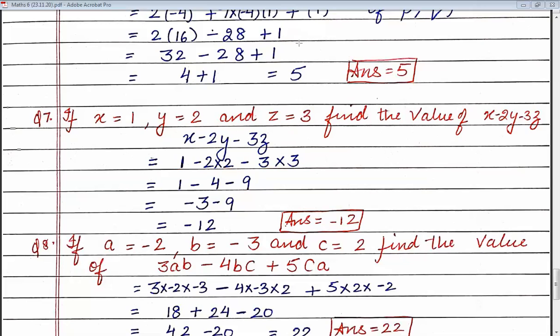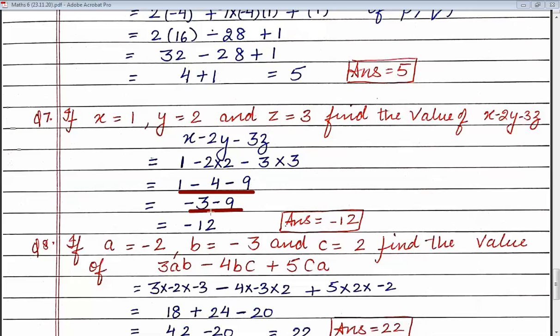Okay, so what is your expression now? 1 minus 2 multiply 2 minus 3 multiply 3. So now by using the BODMAS rule, that is multiplication first, 2 twos are 4, 3 threes are 9. So it becomes 1 minus 4 minus 9. Now solve it. 1 minus 4 is minus 3.